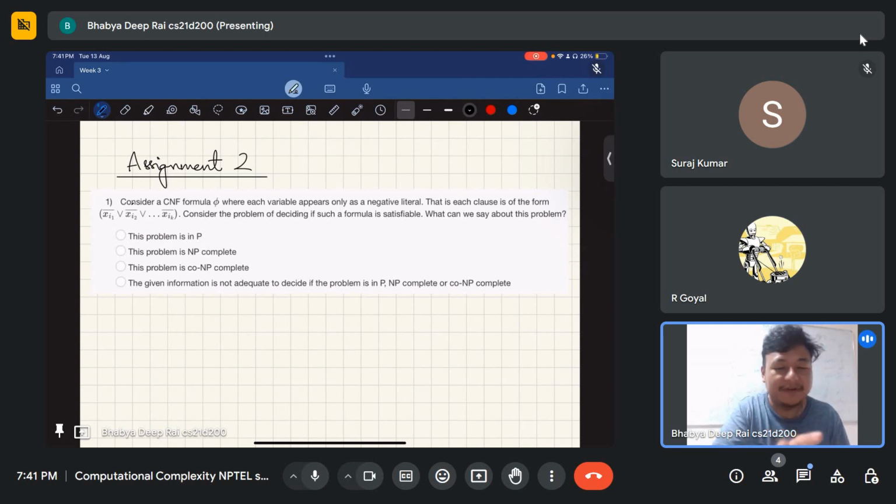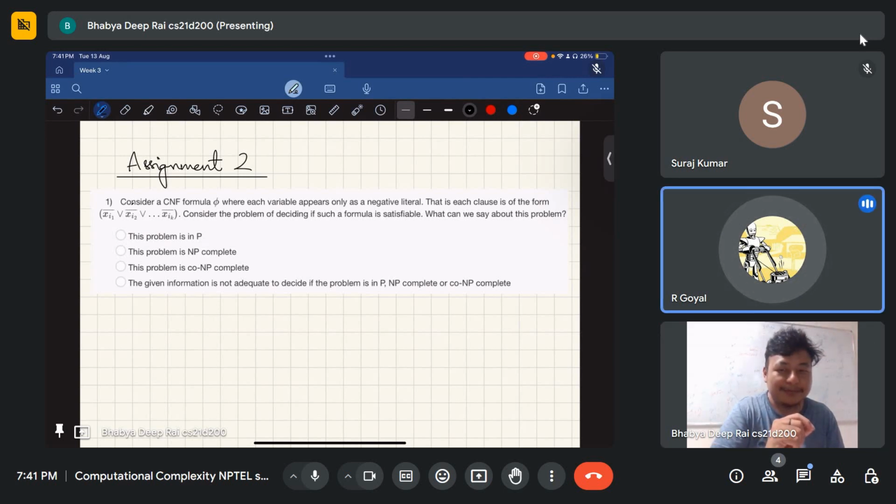But the statement is still true that any CNF can be converted to a DNF, and any DNF to a CNF. Now the question is, why don't we convert the given CNF to a DNF?